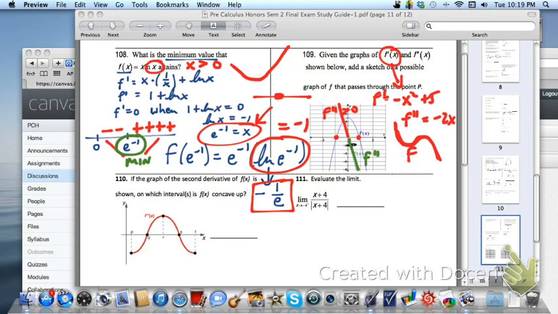Okay, so let me back up a little bit so I don't clutter up my drawing here. But again, we've got concave up, then concave down. We have an inflection point right there when x is equal to 0. We also see that f prime is positive in between the two critical points.